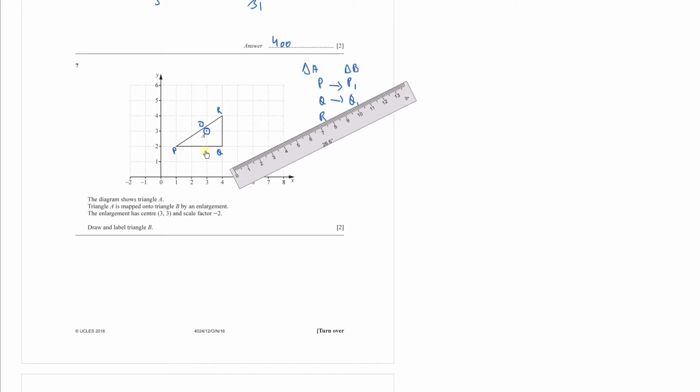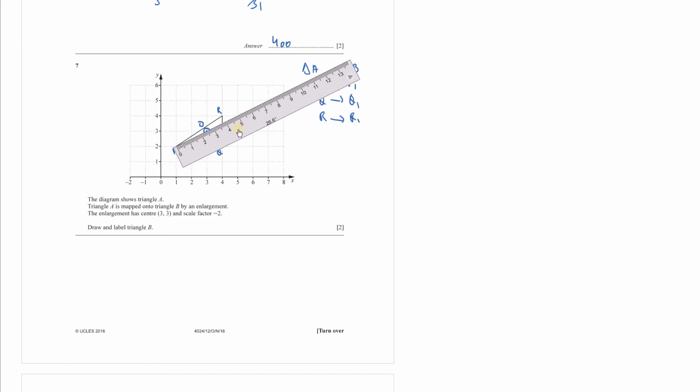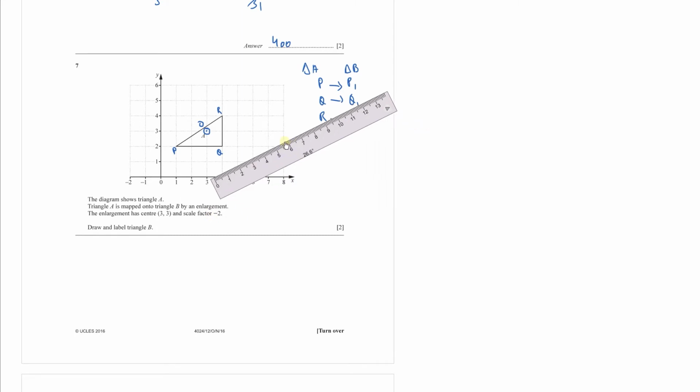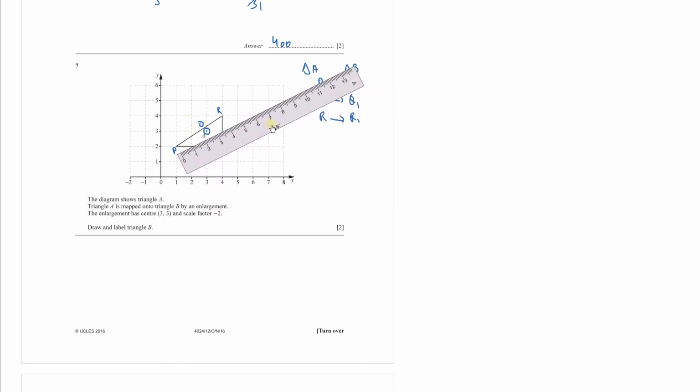So if this length OP is 2.5 centimeters, then the length OP1 should be twice, because the scale factor is 2, so it should be 5 centimeters. And since there's a negative sign, it should be on the opposite side of the center of enlargement. So if this is 2.5, then my OP1 should be 5 centimeters up till here.